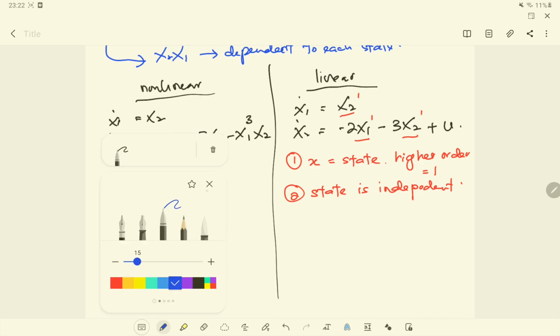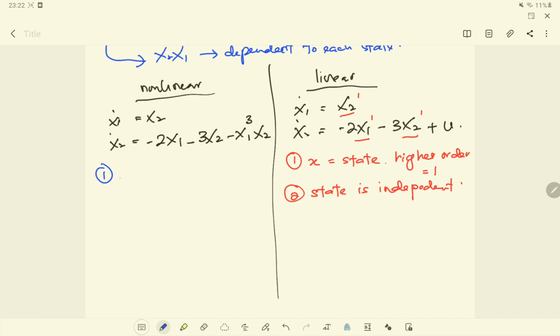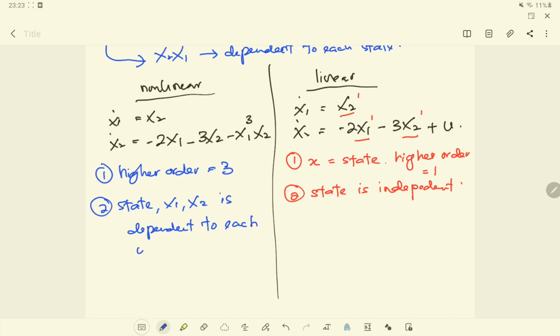So here the higher order is equal to 3, which is more than 1. And the states x1 and x2 are dependent on each other. This is how we summarize the difference between linear and nonlinear systems.